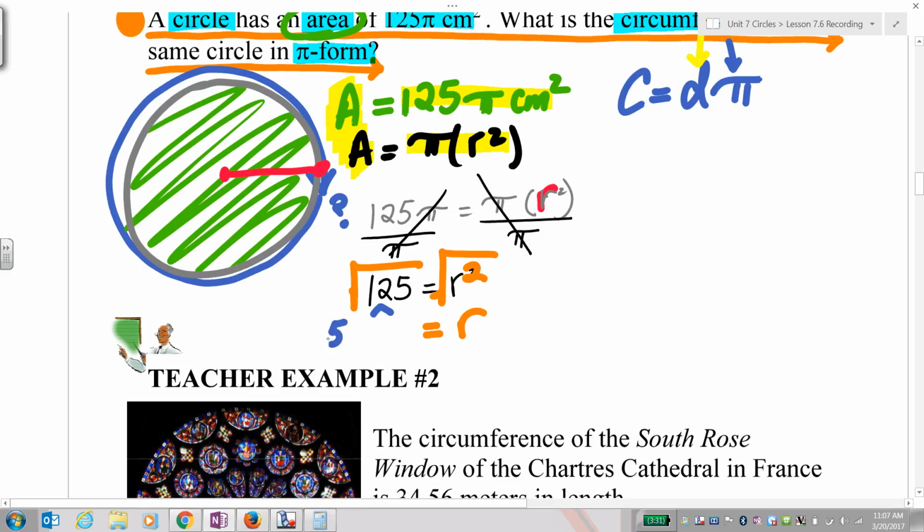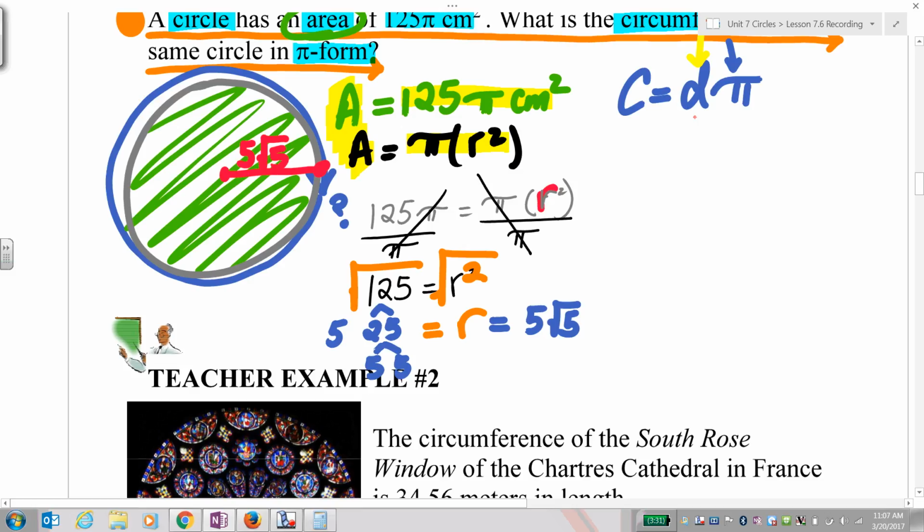We end up with 5 times 25, 5 and 5. So our radius comes out to 5 root 5. Why am I using that form? Because it means no decimal.